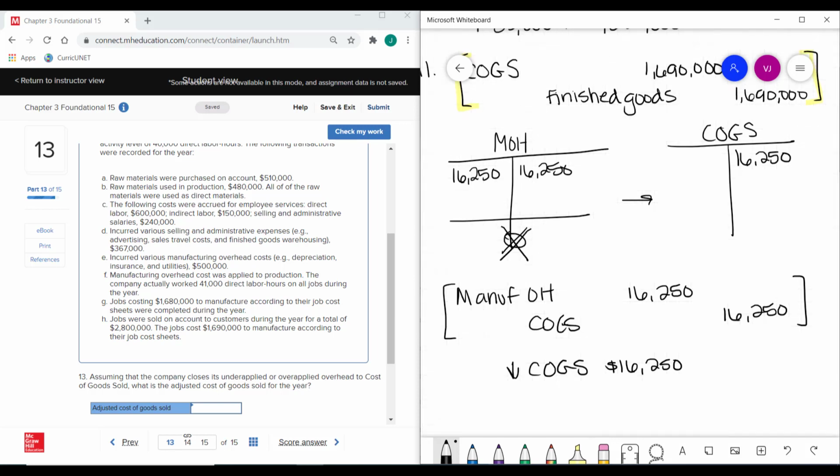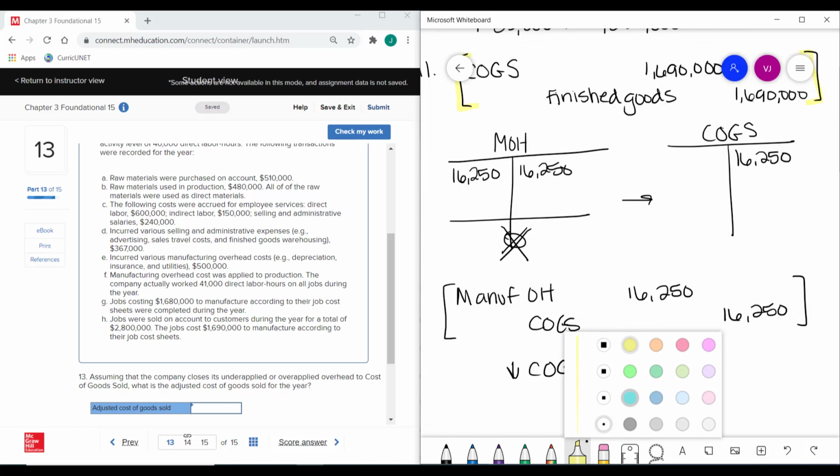Okay, so what's the adjusted cost of goods sold? Well, in the entry where we recorded the cost of that sale, remember in H, the cost of the goods we sold was $1.69 million, but that $1.69 million presumably includes some over-applied overhead, just a little bit too much. So we thought cost of goods sold would be $1.69 million for the year.